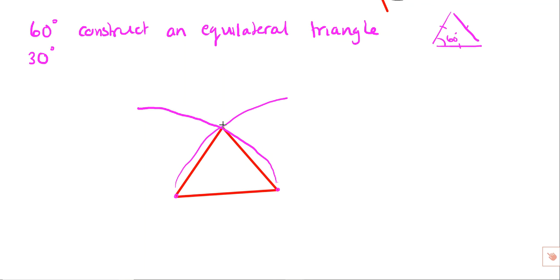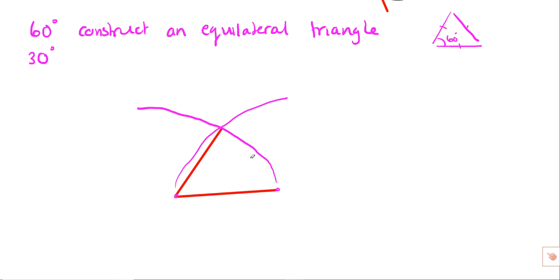Now, what I said though was I wanted a 60-degree angle, so we don't actually have to have that second line. Alright? So we can just draw two of the lines, and I do now have my 60-degree angle drawn. Okay? Does that make sense?